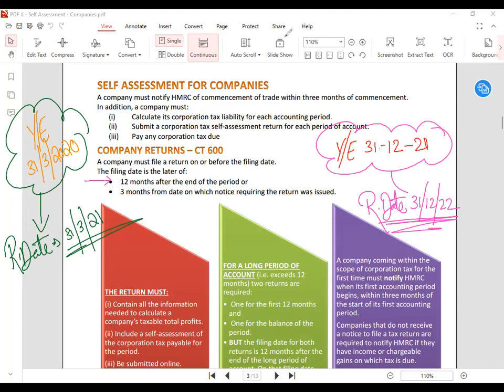But sometimes the government needs details from you earlier. Earlier means the government is asking you to submit the details now. Maybe they are suspicious, suspecting you of tax evasion or tax fraud. So they will send you a notice.